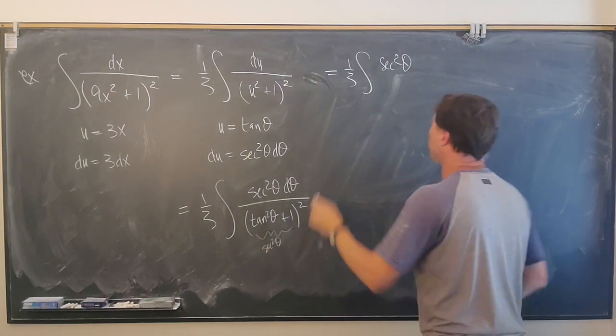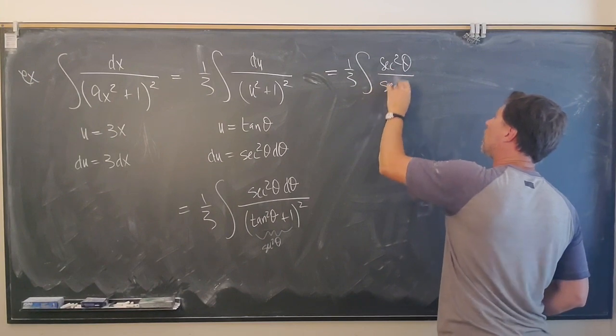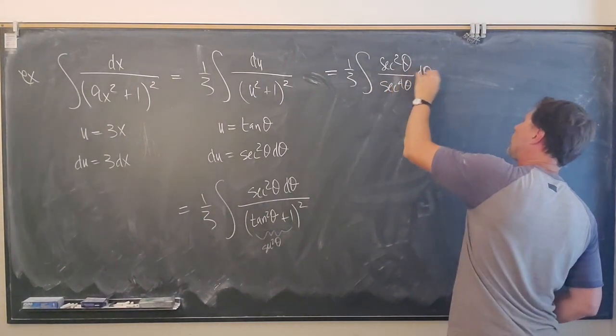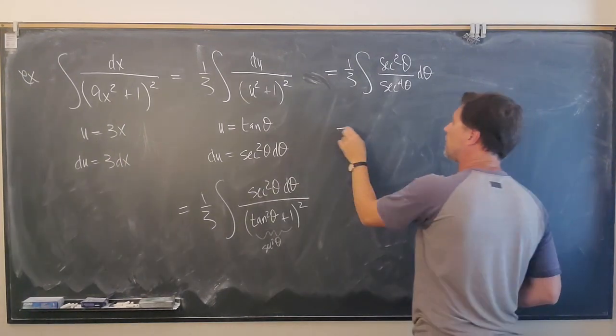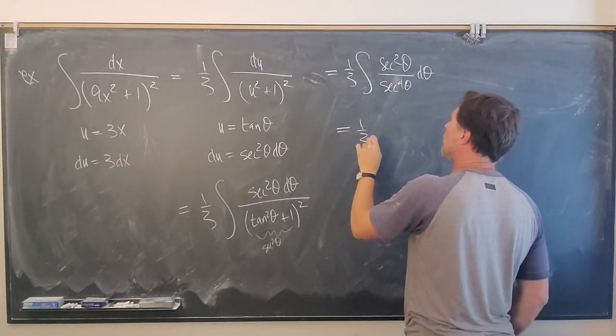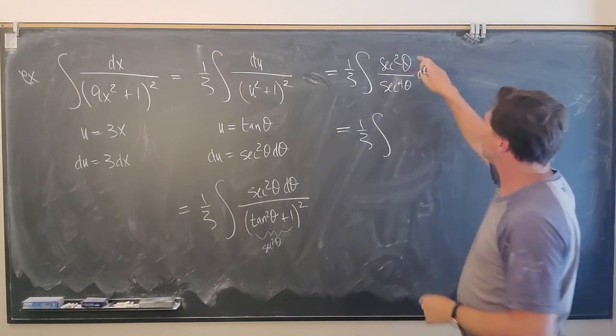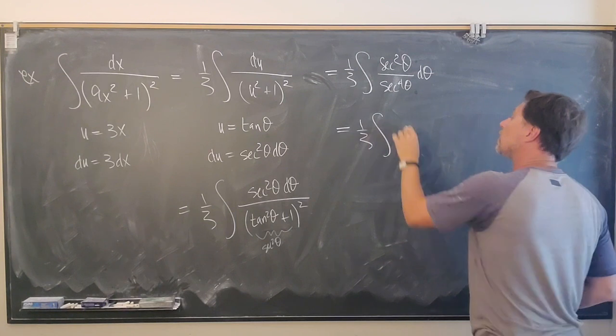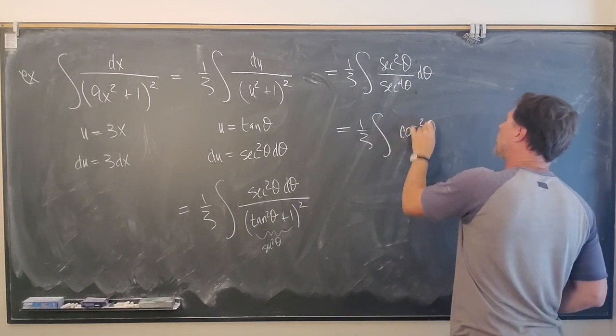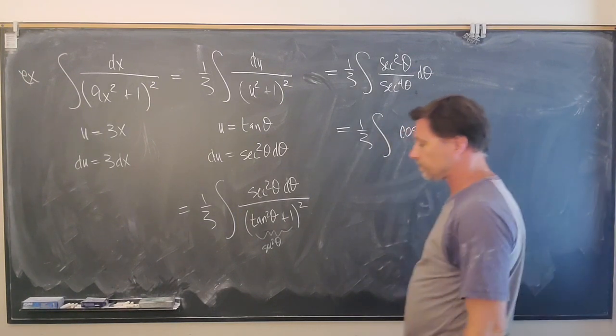It's being squared, so I get a secant to the 4th theta d theta. Now things are going to cancel nicely. This becomes a 1/3 integral of 1 over secant squared theta, which is the same as cosine squared theta d theta.